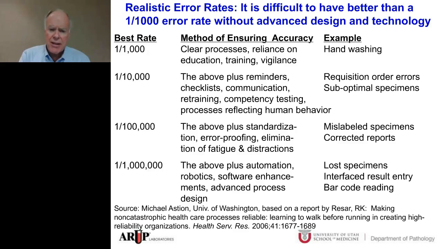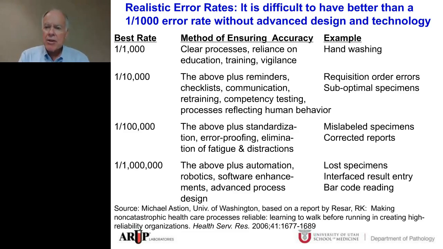Down the left side are different error rates from 1 in 1,000 to 1 in 1 million. And in the center are some different processes and methods that might be used to achieve those error rates.